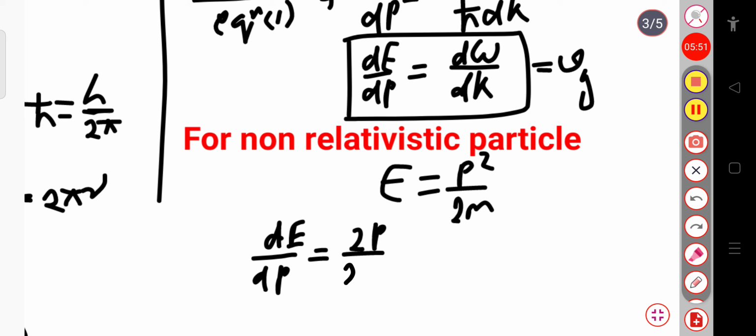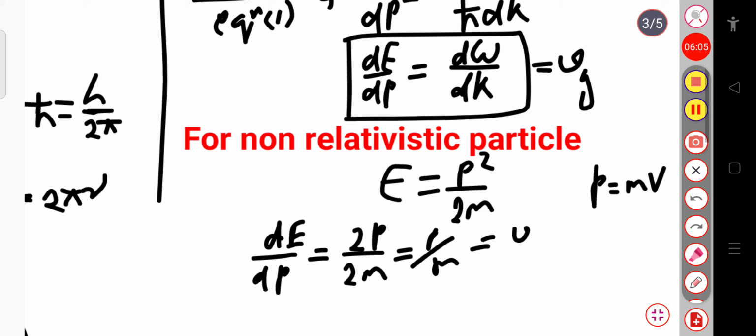The 2 gets cancelled, so this will be equal to p by m. And p by m is nothing but the velocity, because we know linear momentum p equals mass into velocity. So p divided by m is the velocity of the particle.